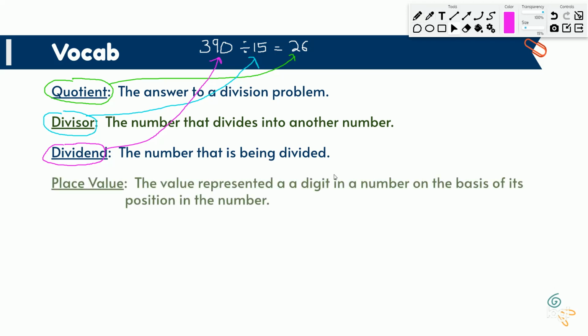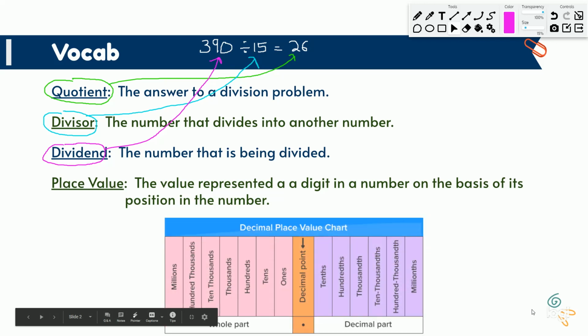Now we have place value. And we've gone over place value before in class, but it's important to go over it again when we are dividing decimals. It's the value represented by a digit in a number on the basis of its position in the number. So here is our place value chart. We have whole numbers on this side, then the decimal point, and then the decimal part over here.